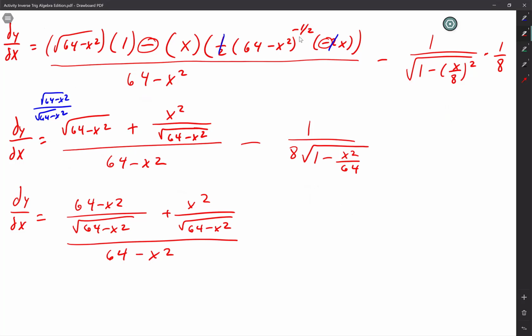And on the right term, and by right term I mean this one, I'm going to write it like this. That one I'm going to turn into 64 minus x squared over 64. Can I do that?